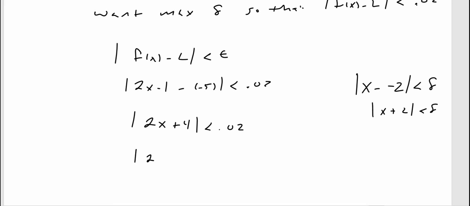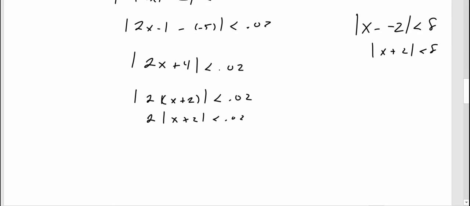So keeping that in mind, I can see that if I factor out a 2 when I have this, I can pull the 2 outside of the absolute value. So |x plus 2| then is going to have to be less than 0.02 divided by 2.